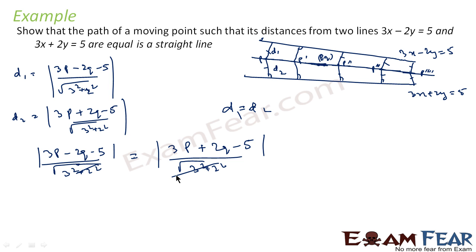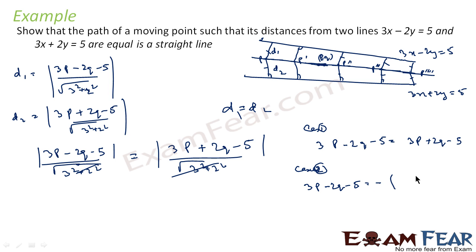In this case, there are two cases. Case 1, where 3p minus 2q minus 5 is equal to 3p plus 2q minus 5. And case 2, where 3p minus 2q minus 5 is equal to minus of 3p plus 2q minus 5.